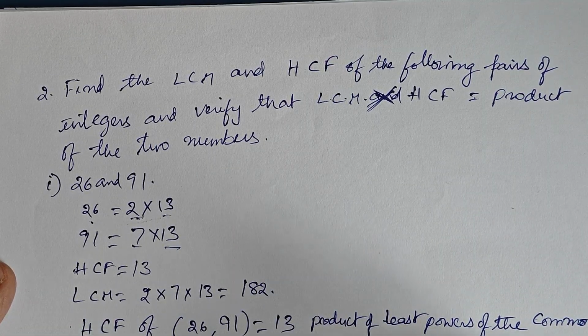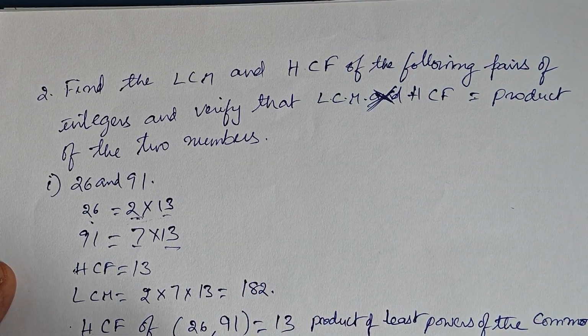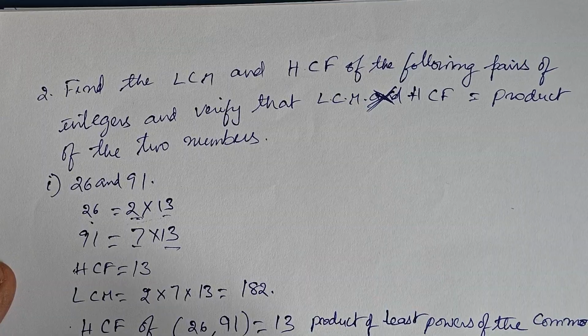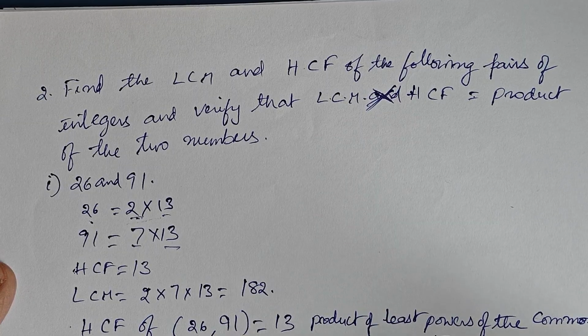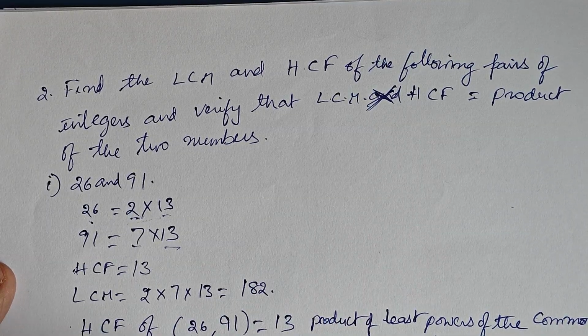If you write this, people know that you know everything in the HCF. Similarly, LCM of 26, 91 is equal to 182 because it is the product of the highest powers of the prime factors. Here I am not using common. It could be common or not, it doesn't matter.